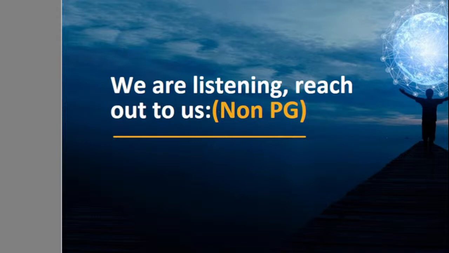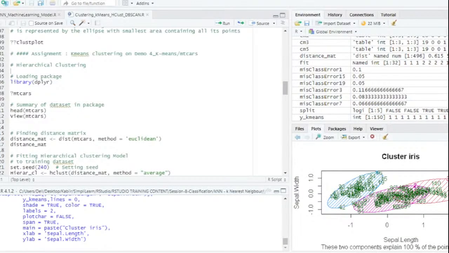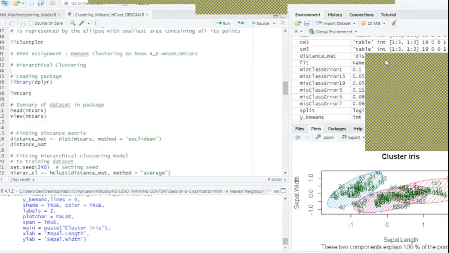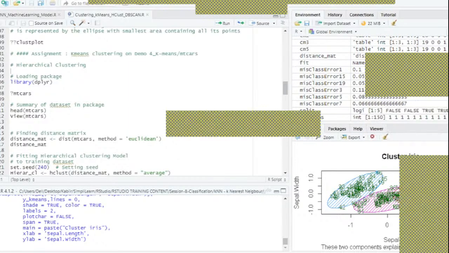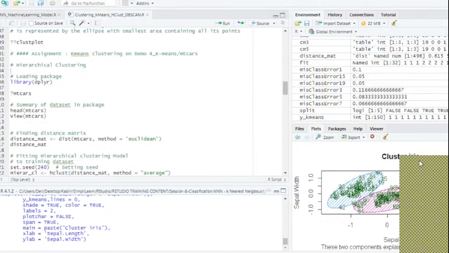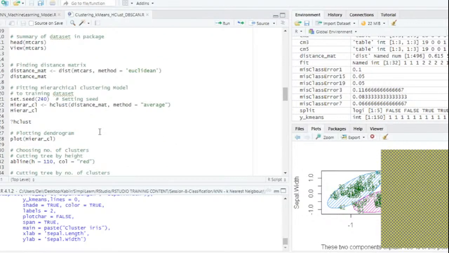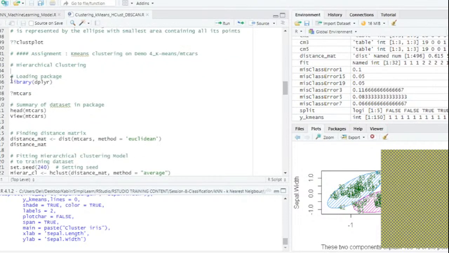Okay, so let's start. I want you to open RStudio and activate the dplyr package for mtcars.